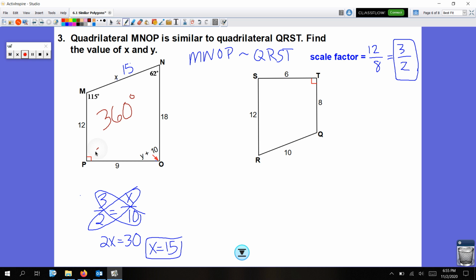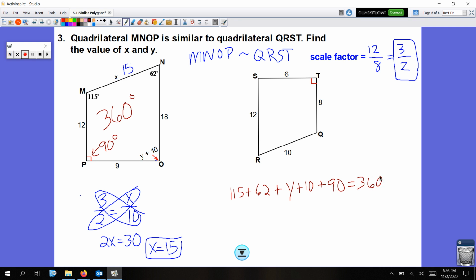Remember that this box means that that's 90 degrees. So now we're going to say 115 plus 62 plus y plus 10 plus 90 is all equal to 360.